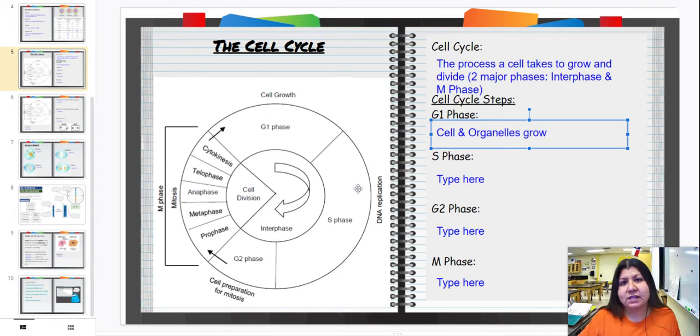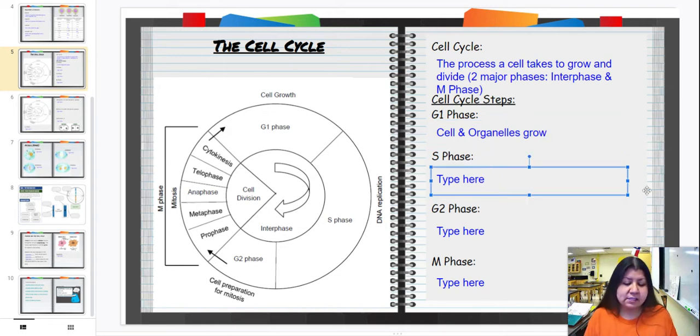If it's not, there's something wrong with that cell and it won't function the way it's supposed to. So during S phase, my cell goes through a process called DNA replication. This is the phase where my DNA is copied for my new cell.